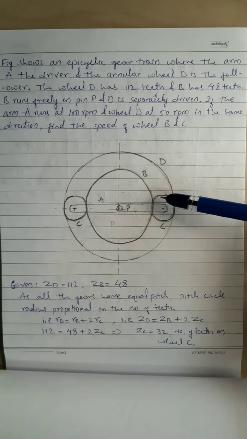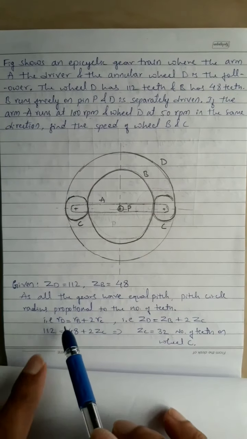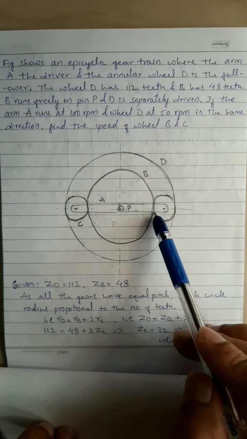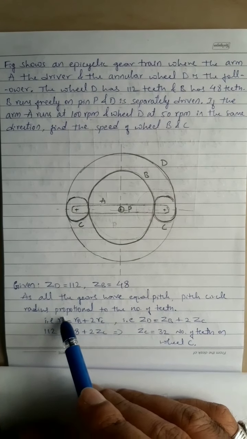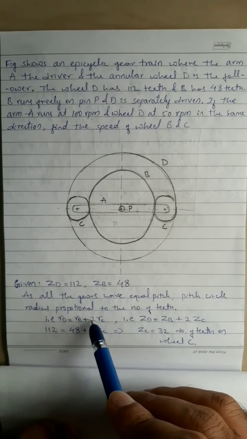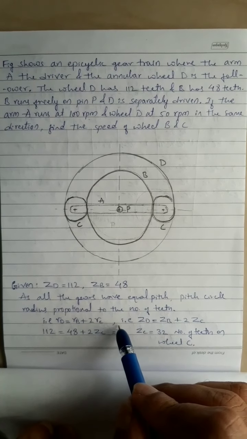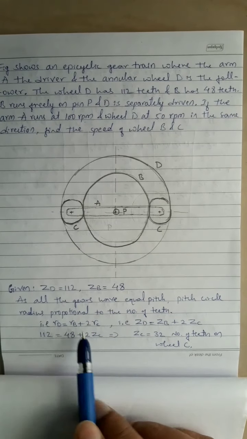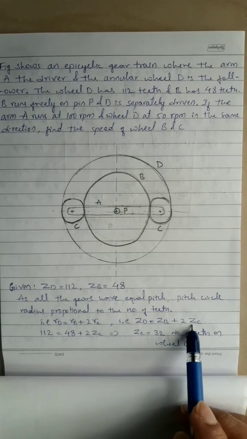When we look into the figure, considering radius of wheel D, we can write RD is equal to radius of wheel B plus diameter of wheel C. So RD is equal to RB, that is radius of wheel B, plus 2 times the radius of wheel C. And since pitch circle radius is proportional to the number of teeth, we can write ZD is equal to ZB plus 2 times ZC.